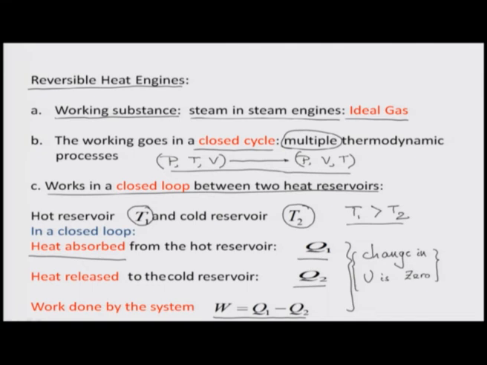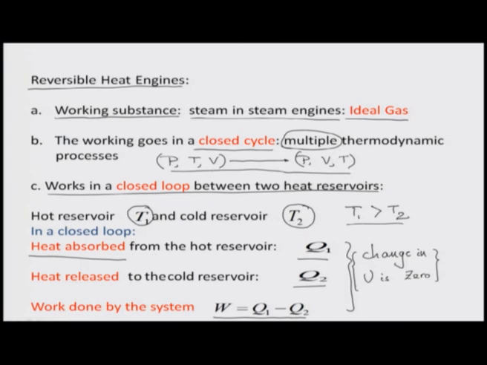I have a working substance which I choose to be an ideal gas, works in a closed loop between two heat reservoirs. One has temperature T1, the other has temperature T2. T1 is greater than T2.